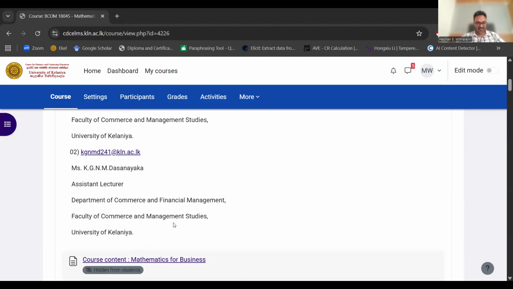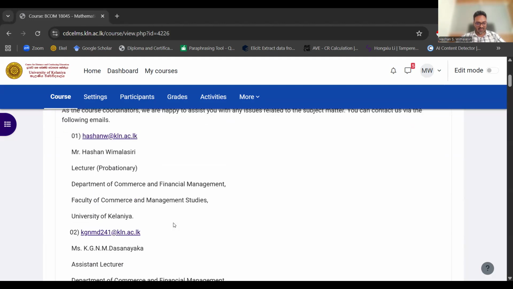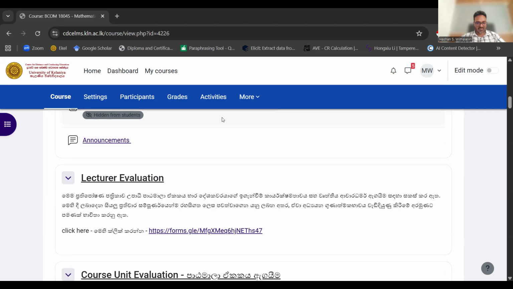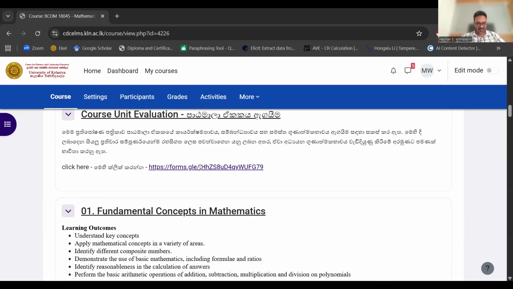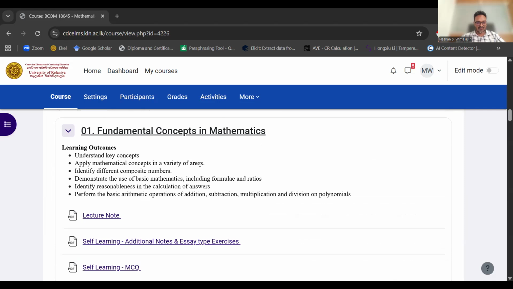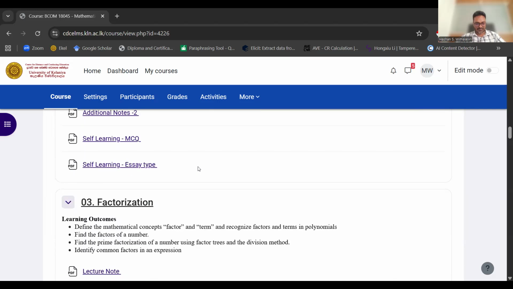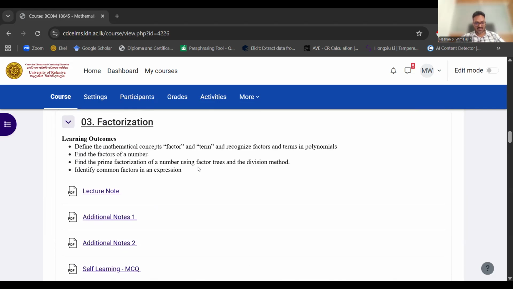So when we are looking at this, the first thing is the fundamental concepts we have to discuss, and here the learning outcomes are there: exponents and indices, and factorization.